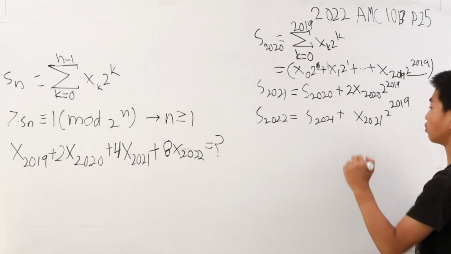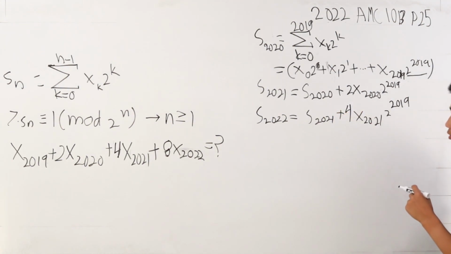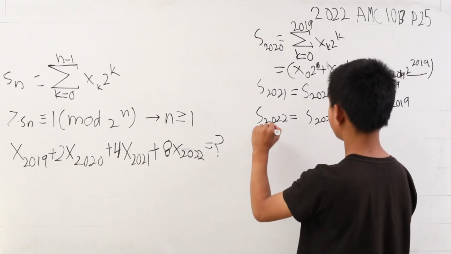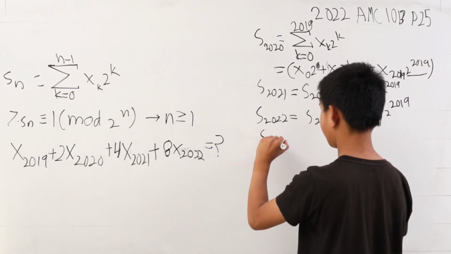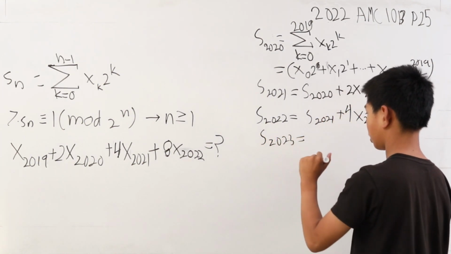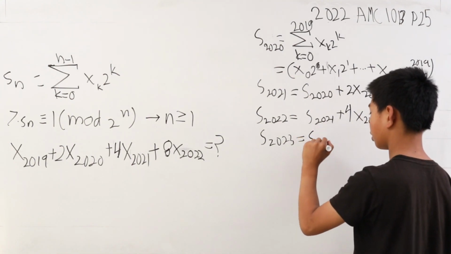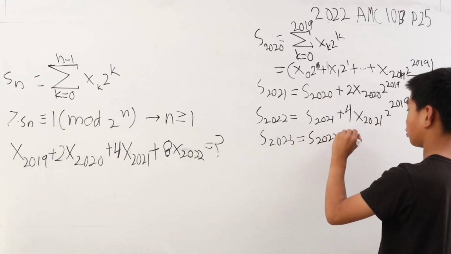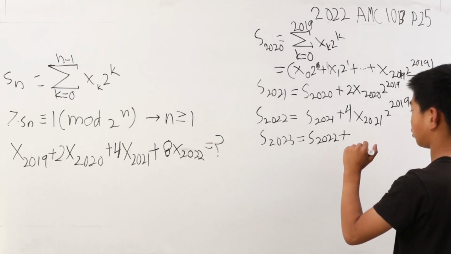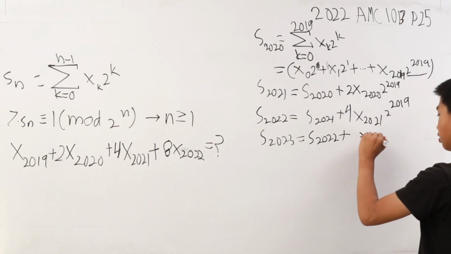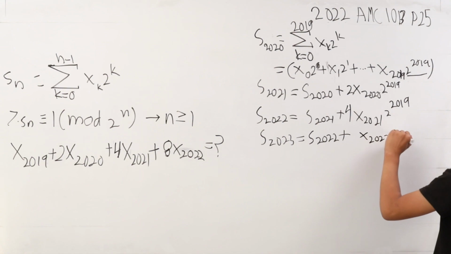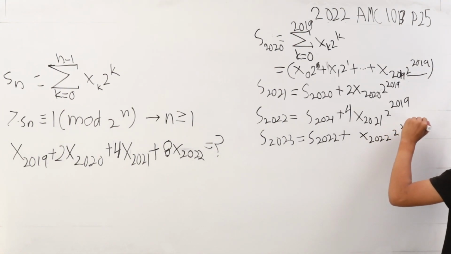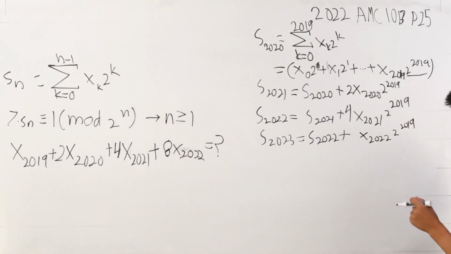So 2 times 2 is 4. This goes here. Now S of 2023, which is going to be our last one here, is S of 2022 plus x of 2022 times 2 to the power of 2022, and it's the same story here.